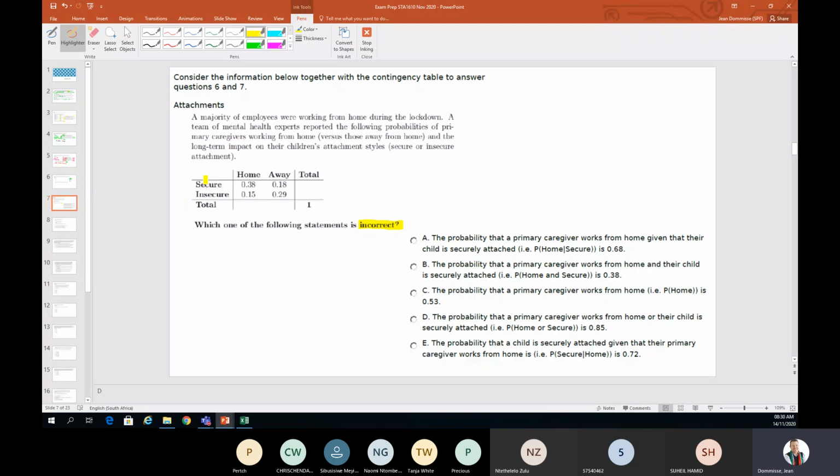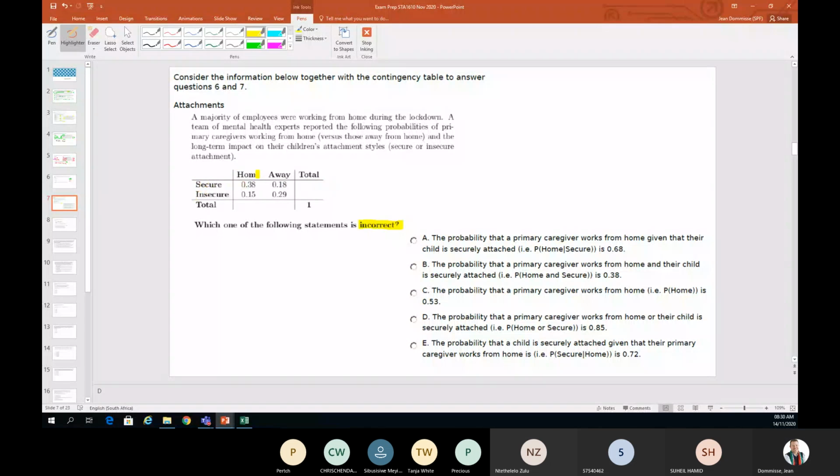The impact is on that secure and insecure on children. Then they ask you a set of options, and which one is incorrect. The probability that a primary caregiver works from home, given that their child is securely attached.